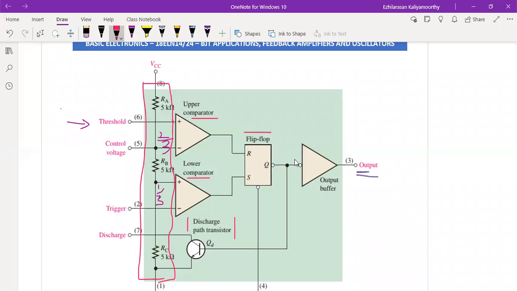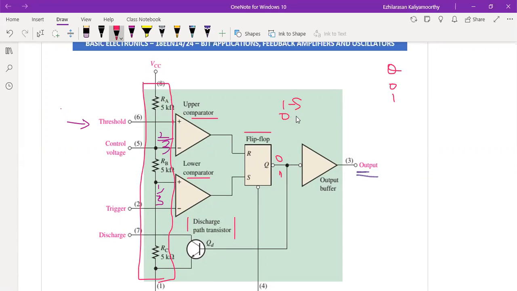Now here, this flip-flop is a bistable multivibrator. It's a digital device, in the sense a two-state device. It will produce the output as 0 or 1 in the Q. This Q will be either 0 or 1. That is why you can call it a two-state device whose output can be at either a high voltage or a low voltage. High voltage means 1. The 1 will be represented as set.